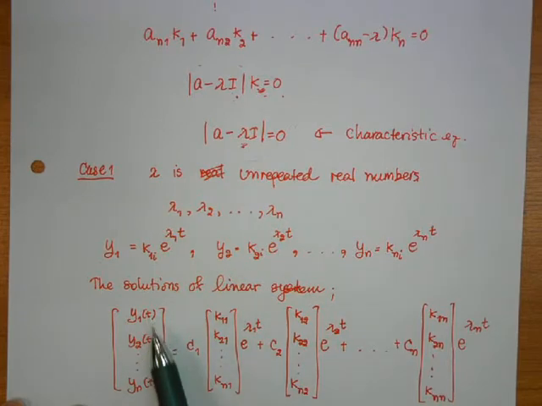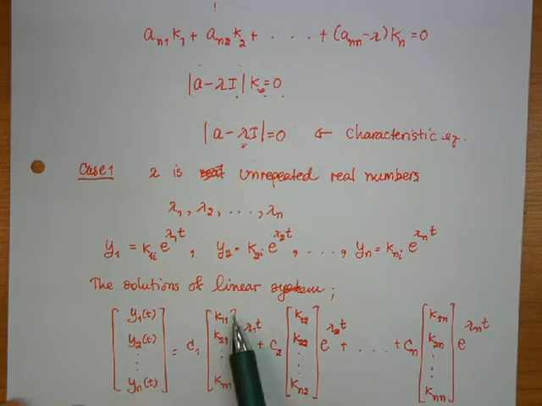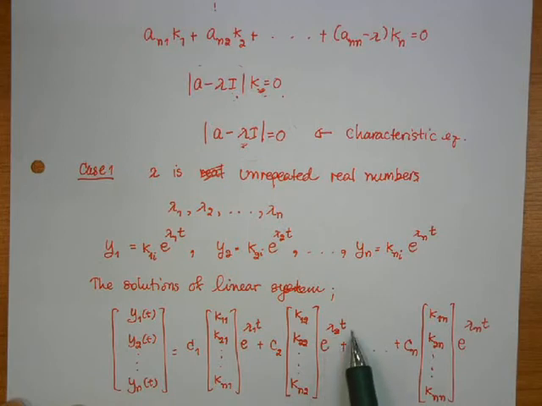Y1 until yn is equal to C1 times K11, K21 to Kn1 times exponential of lambda 1 t, plus C2 times K12, K22, K32, K42 until Kn2 times exponential of lambda 2 t, and plus until the last term, which is Cn times the constants times exponential of lambda n t.